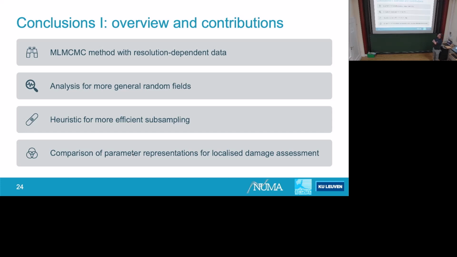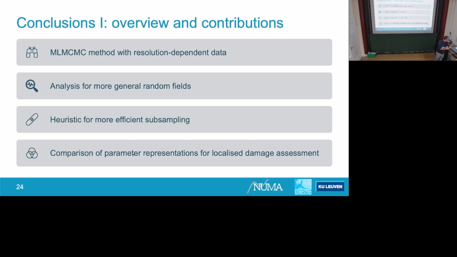Okay. So what we have here now is the conclusions of the first part of the presentation. Multilevel Markov chain Monte Carlo with resolution-dependent data, some analysis for more general random fields, a heuristic for more efficient subsampling. You see the band-aid icon there. We think it's more than a heuristic, but we can't tell more at this moment than it is a heuristic.